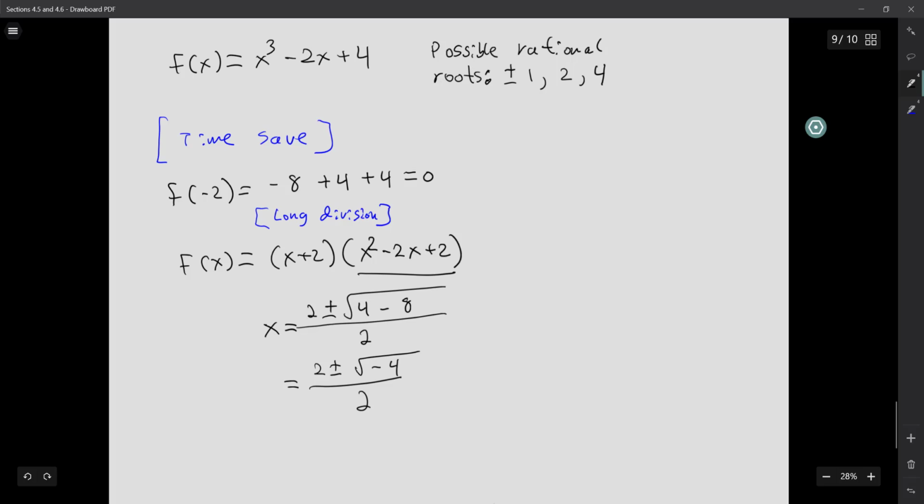And I can take the 4 out. So this is 2 plus or minus 2, because the 4 is 2 times 2. It comes outside of a square root as 2, but I still have a minus 1 in there, all over 2. I can factor and cancel the 2's. I end up with 1 plus or minus square root of negative 1, or I could say 1 plus or minus i.